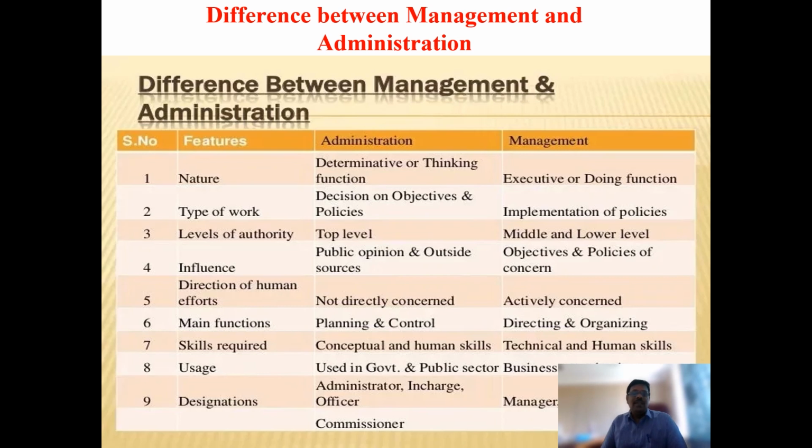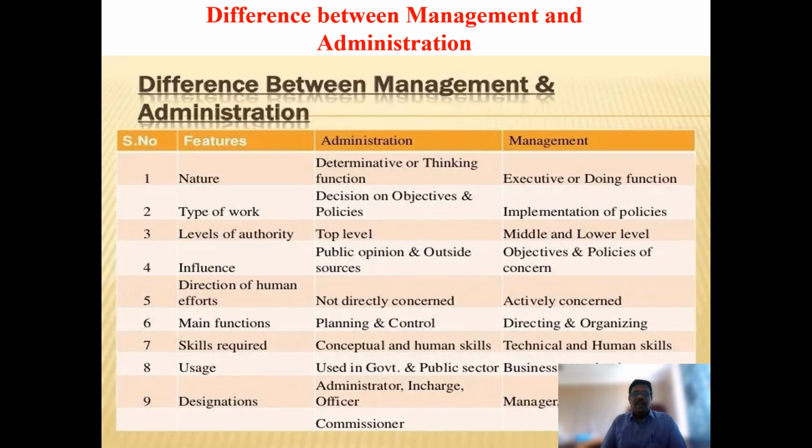The next one is the levels. Administration is the top level, management is the middle and lower level. As for influence, all sources, internal and external, will influence administration before taking any decision. But in management, only the objectives and policy of the concern and the business will influence it.